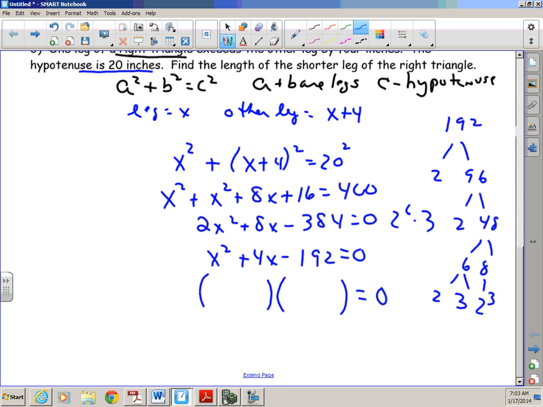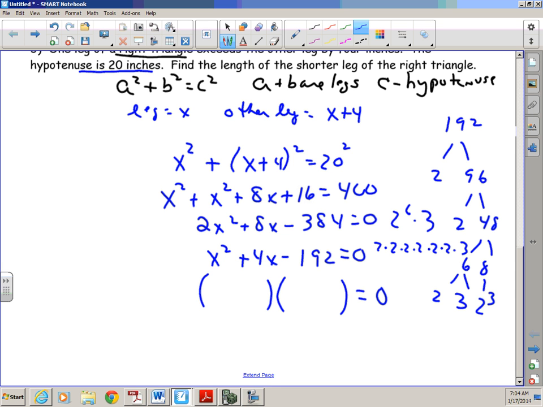So I have some combination of 2's, six times, and a 3 in there. Okay? And I have to play around with what combination will multiply to 192 and add to 4.